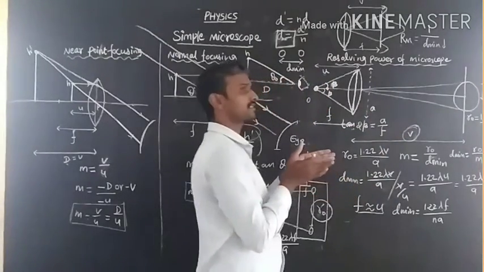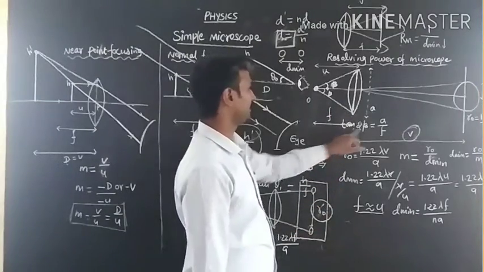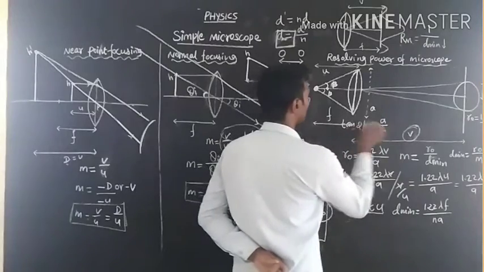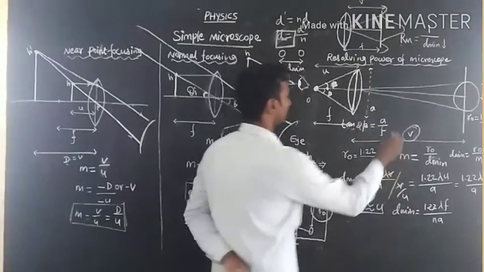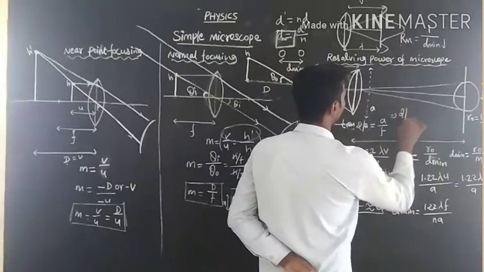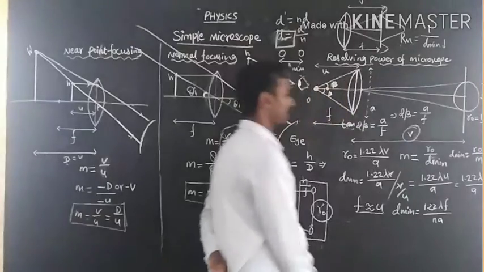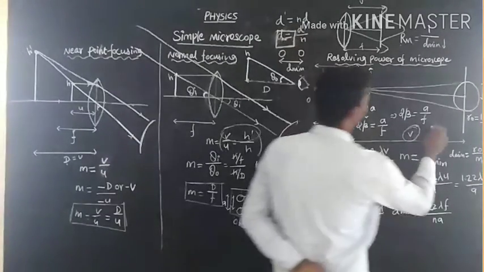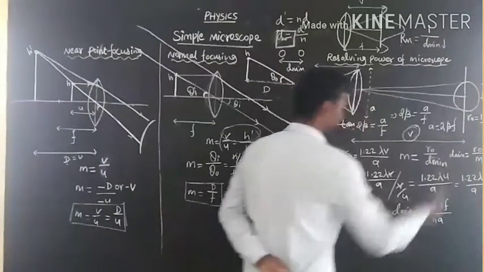For the smallest angle or thin lenses, theta becomes the smallest one. Therefore, for the smallest angle, tan 2 beta is approximately equal to 2 beta. So 2 beta is equal to a by f. Substitute the value of a equal to 2 beta f into this equation.